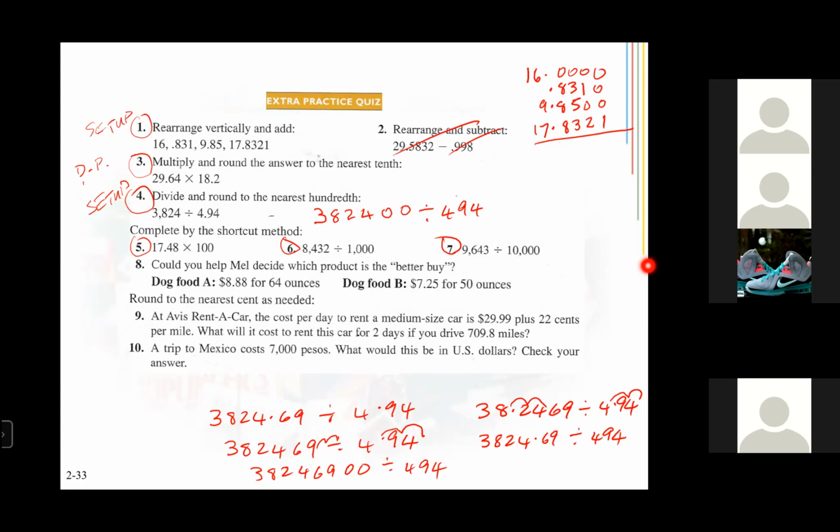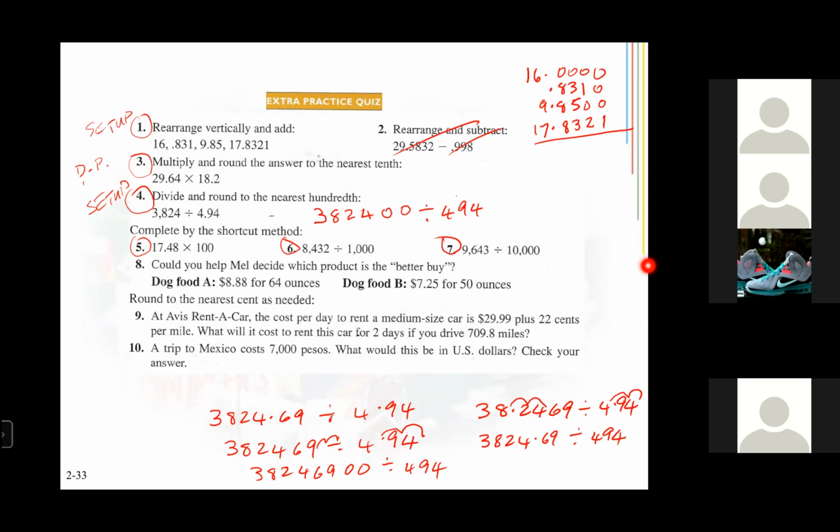Okay, the next one, number 6, they want you to divide 8,432 by 1,000. So dividing now means you're going to move to the left. And in this case, you're going to move 3 places. So what would be your answer in that? 0.008432. No, you remember the point.